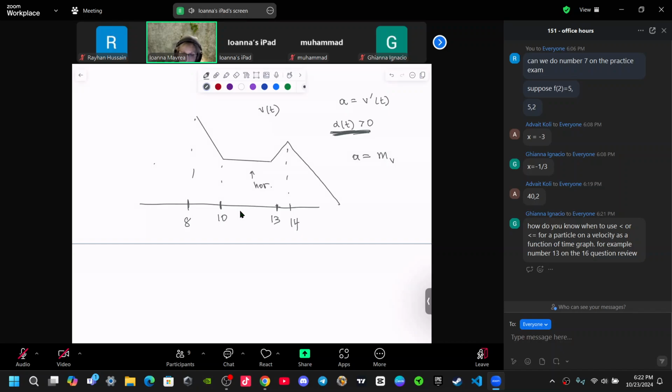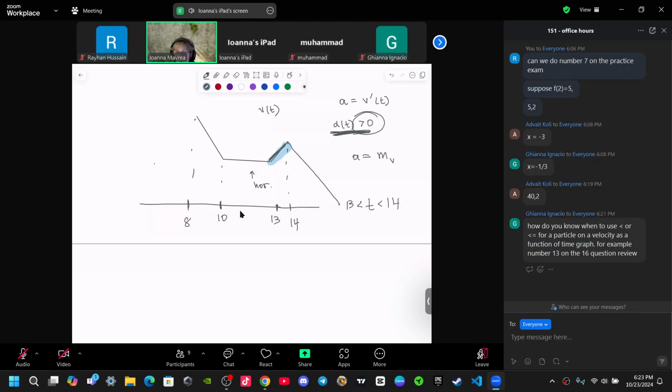So you cannot say it's positive from 13 to 14, including 13 and 14, because at 13 and 14 there are corners. There's no derivative there. If somebody asks a question about acceleration, which is a question about derivative, you can't talk about places on the graph where there are corners. So that has to be a strict inequality. You'll say where t goes from 13 to 14, because that's where the slope is positive.